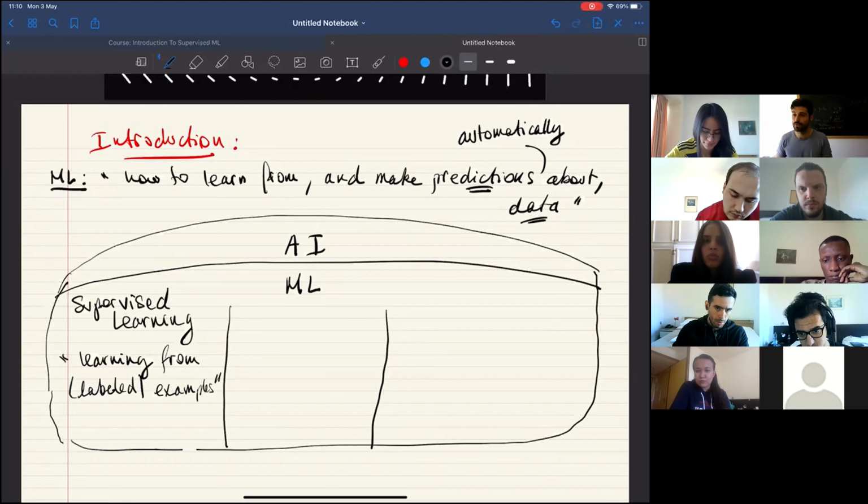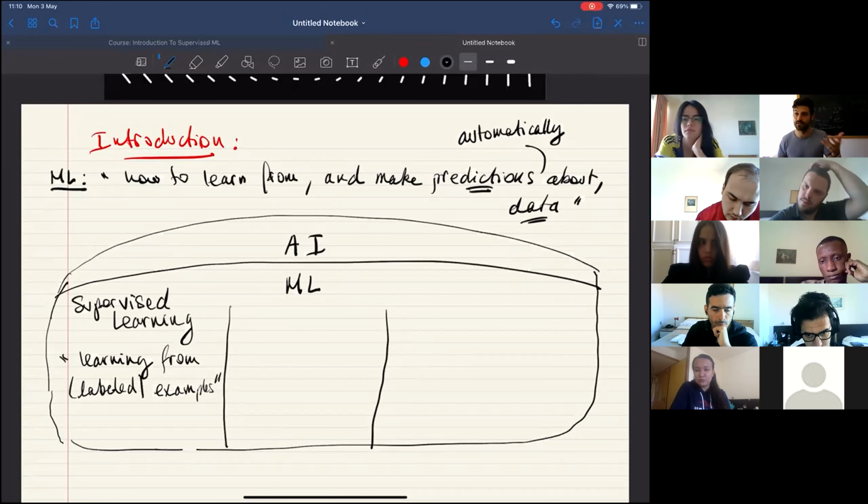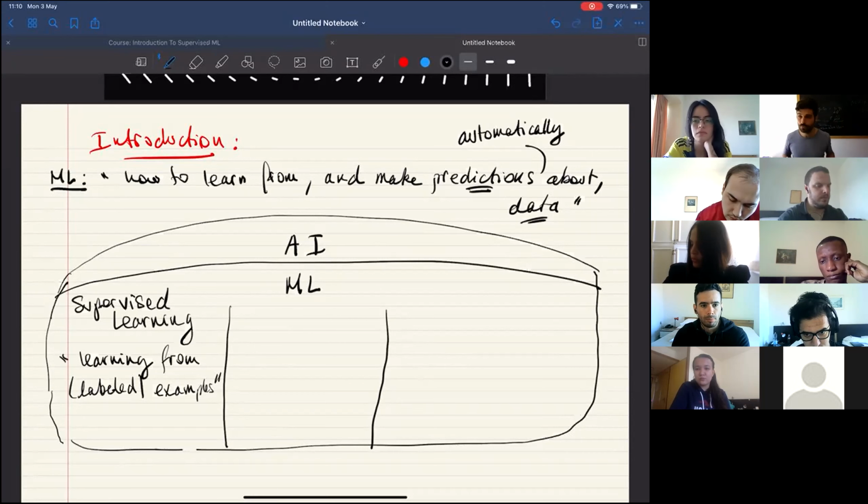What you will do with supervised learning is first create a huge database of images that you label, that is, for each of these images, you know if there is a cat or a dog on it, and you give it to the procedure. And from these labeled examples, the labels here being dogs and cats, you want the procedure to learn to automatically distinguish the two types of images.